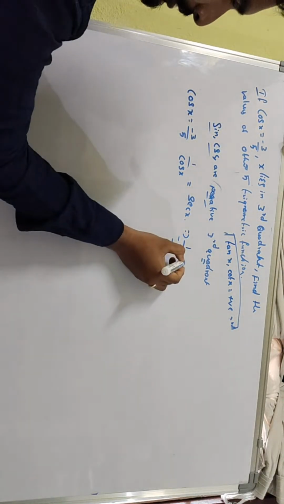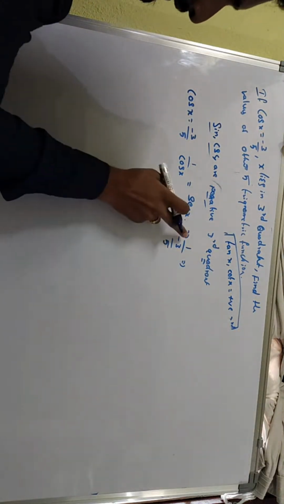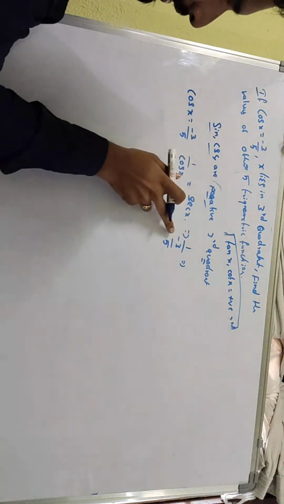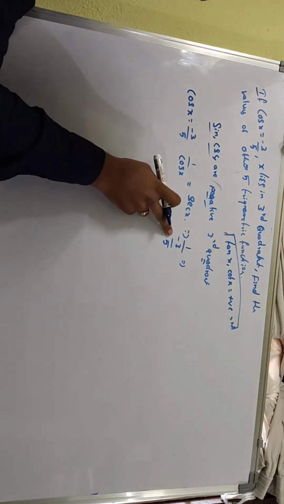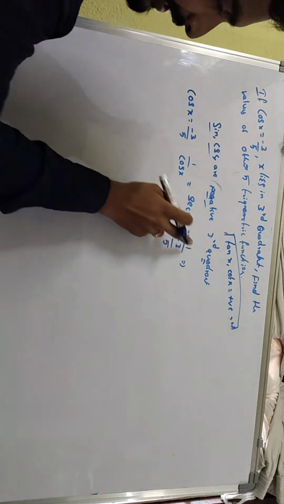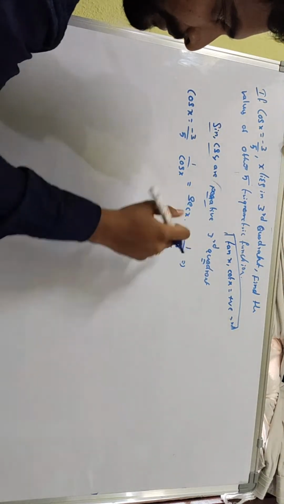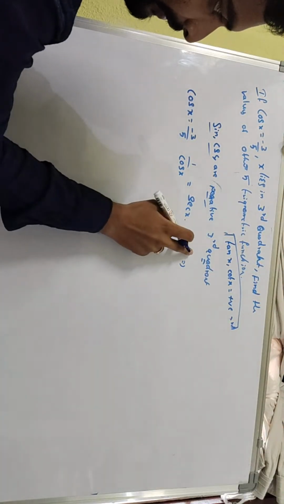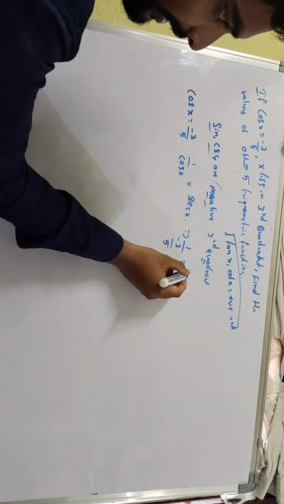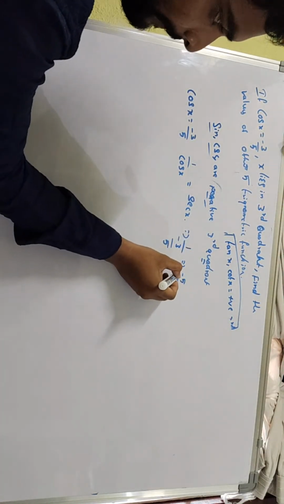Whenever we have this fraction over a fraction, the total expression becomes the reciprocal. That means the 5 goes to the numerator, giving minus 5 by 3.